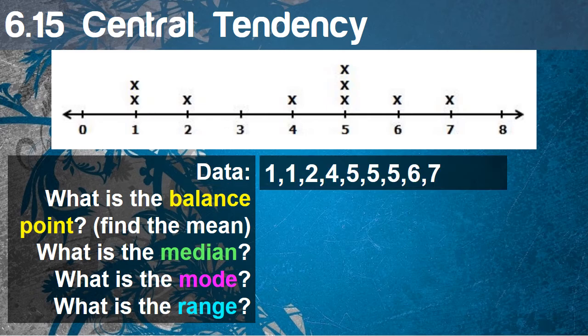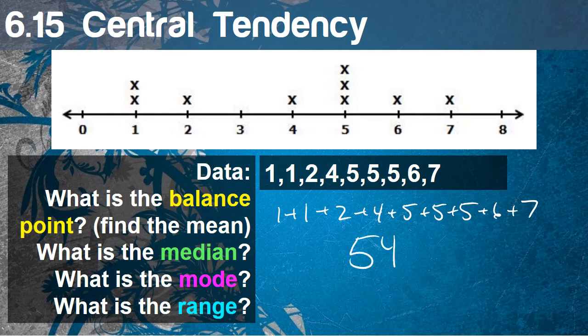Now that we have our data, let's figure out what our balance point is. All the balance point is, we're going to add up our data. 1 plus 1 plus 2 plus 4 plus 5 plus 5 plus 5 plus 6 plus 6. When we do this in our handy dandy calculator, or on your paper, you should come out to 54. So there's our first step, adding our data.